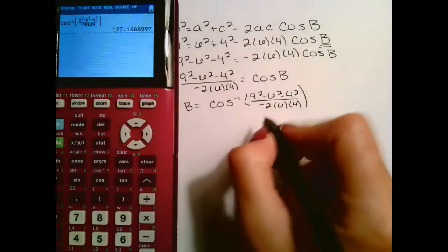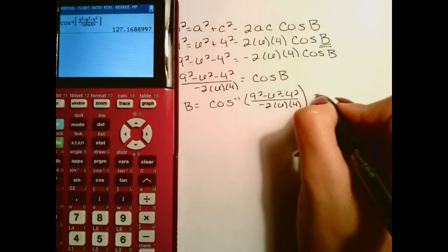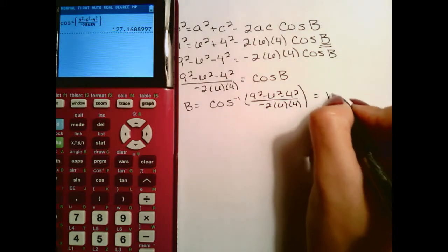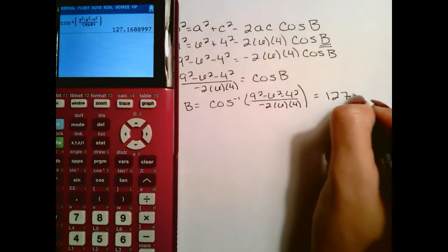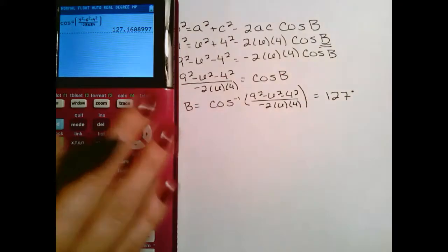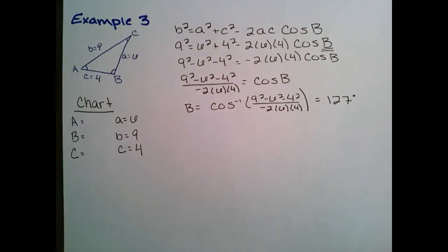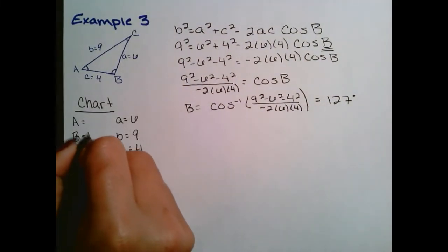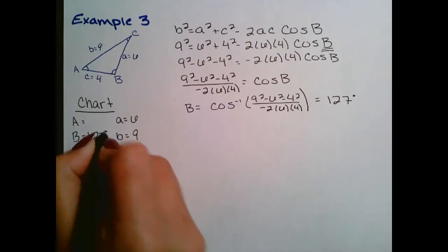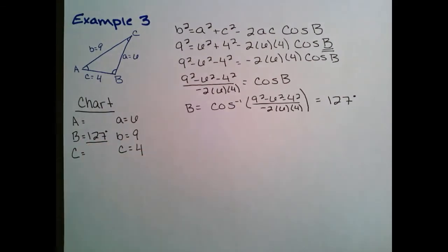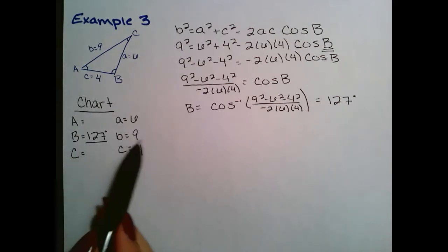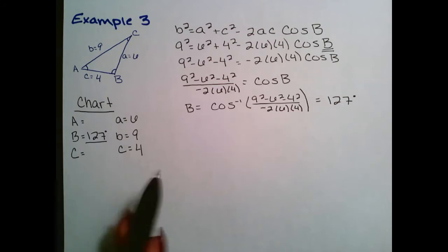Press enter, and now we know that B is 127 degrees. So we can plug that in. And just like the first question we were able to complete, our next step is going to be to use our match and law of sine to find either capital A or C.